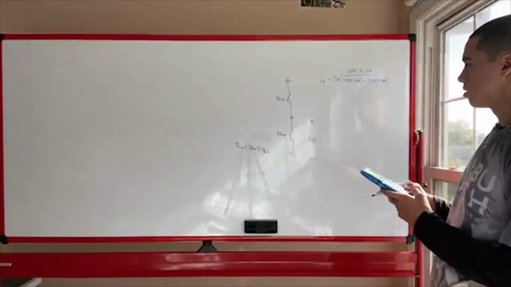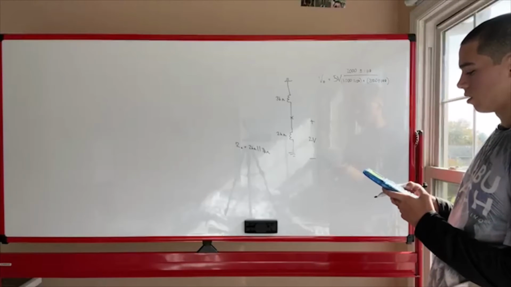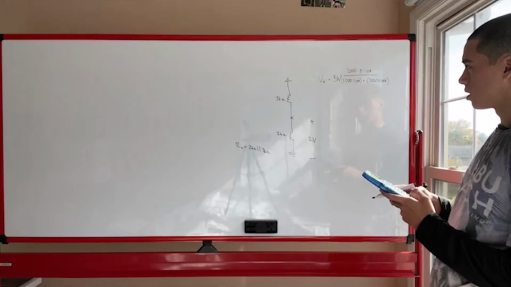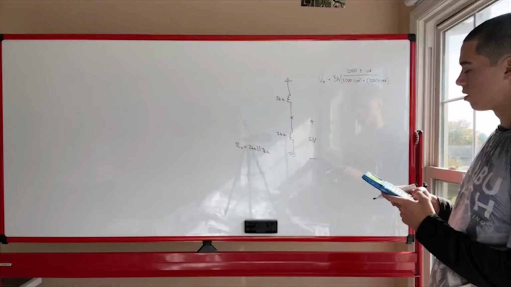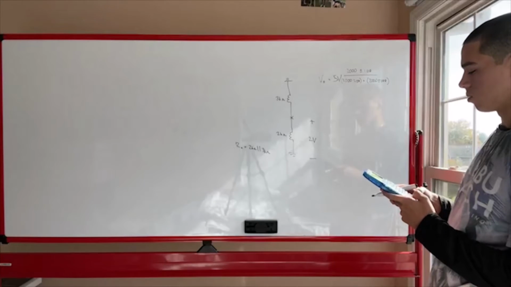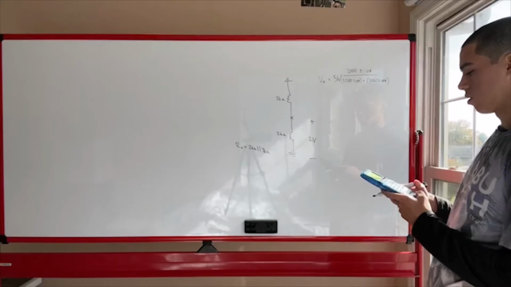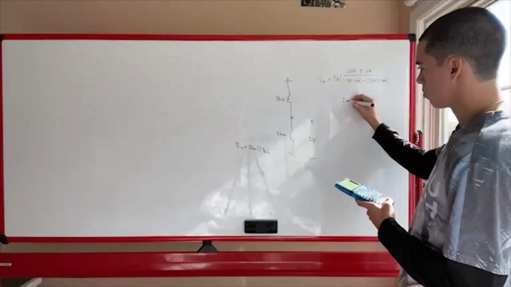So let's do 2,100 divided by 3,000 minus 150 plus 2,100. 2,100 divided by that, times 5. Alright, so you could get 2.12 volts.